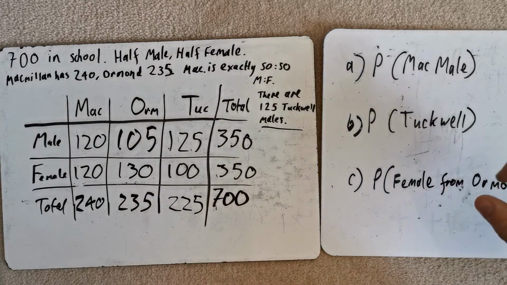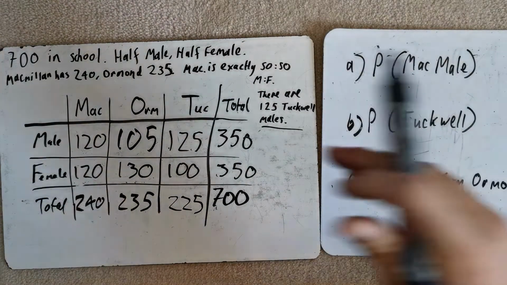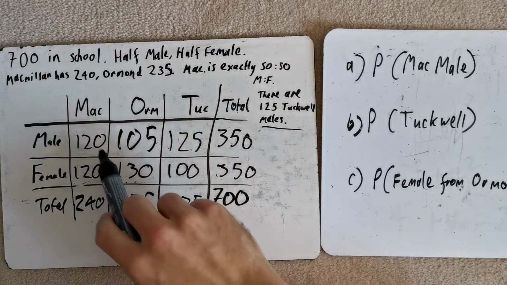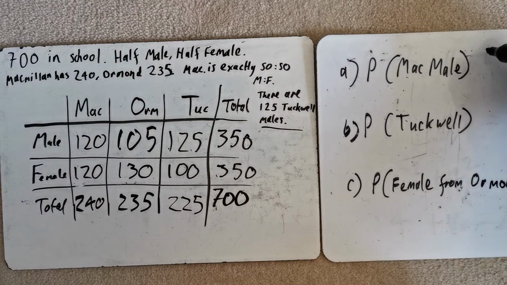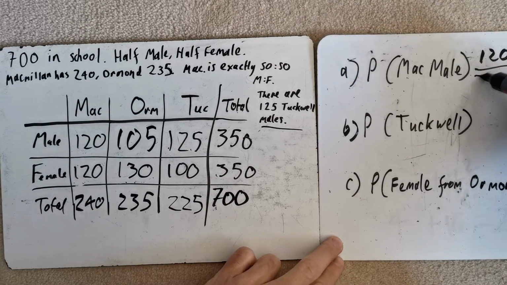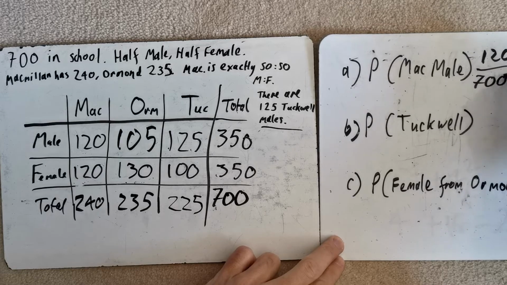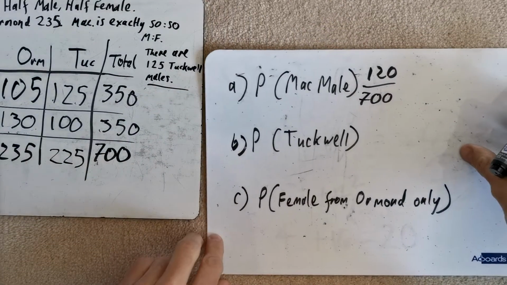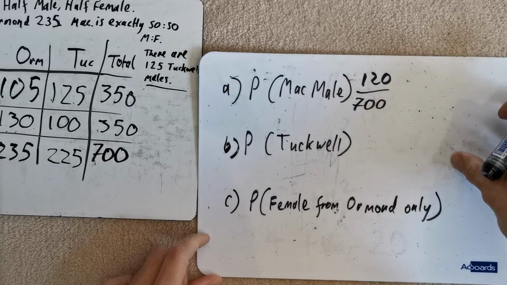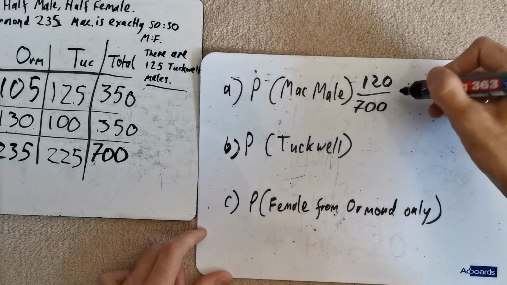Well, probability of a Macmillan male is just picking a Macmillan male out of the entire school. So a Macmillan male would be 120 out of 700 students. Now, the vast majority of the time, they would ask you to simplify this. So let's simplify that.